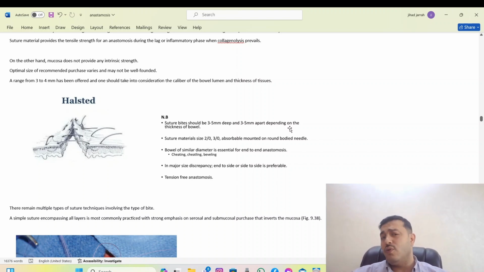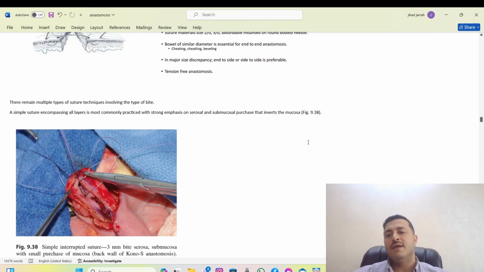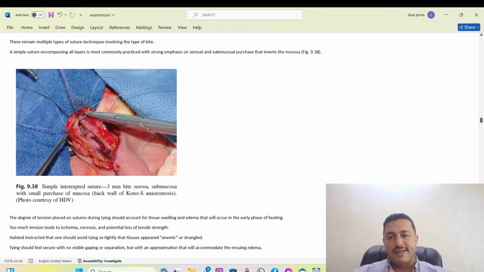Again, what's the recommended needle shape? Cutting? Of course no. Round, non-cutting needle. This is the simple stitch. Simple means using 3 to 5 millimeter height, we will reach serosa, submucosa, and a small part of the mucosa only.